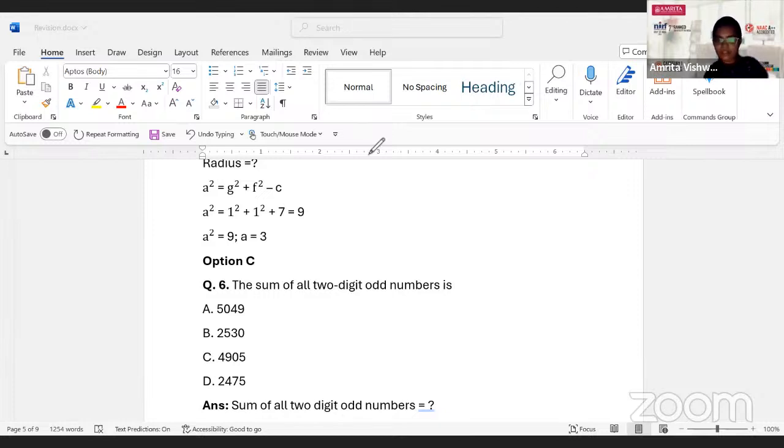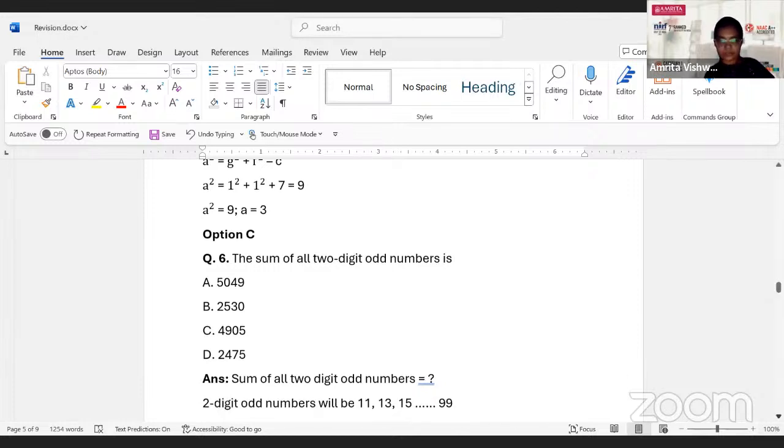Is it something like option B? The sum of all two-digit odd numbers. Dear children, can you please just respond whether I am audible or not? Because I'm not able to see any update in the chat box.